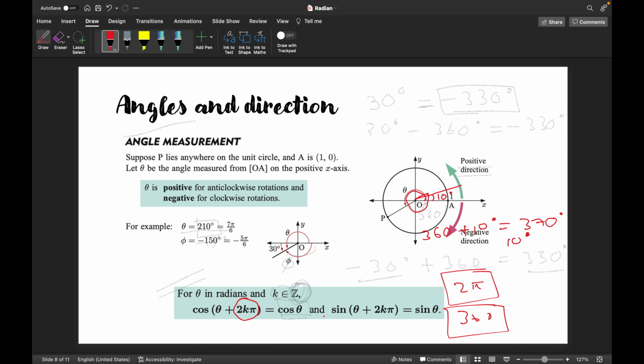It also applies for sine too. So let's say 30 degrees. What would this also equal to? This will also equal 390 degrees, minus 360, which is 750 degrees. It's one and the same.